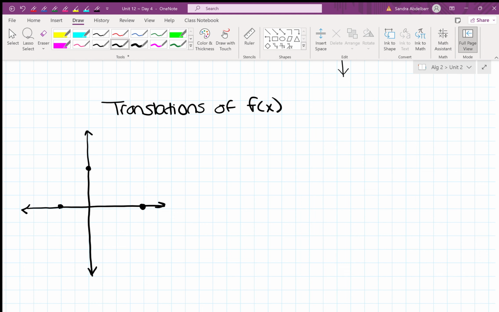And I want it to look something like that. Actually, I want it to be a little bit straighter here. There we go.